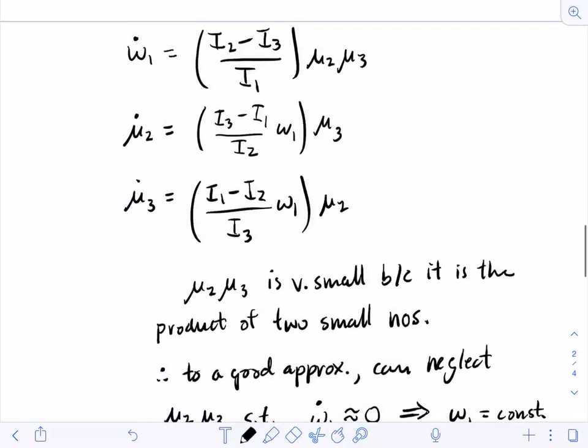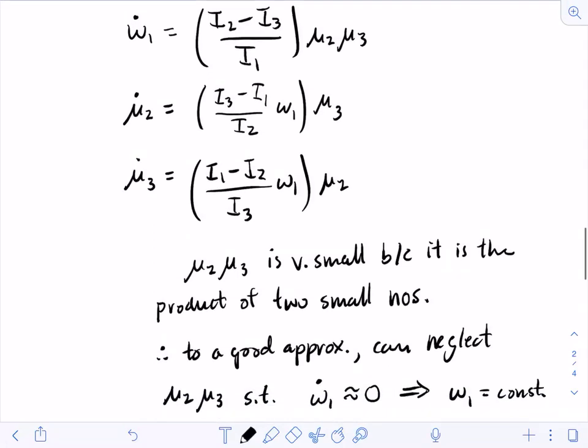So if we set our rotation to be predominantly about the E1 hat axis, then that component of the angular velocity, omega 1, remains about constant.